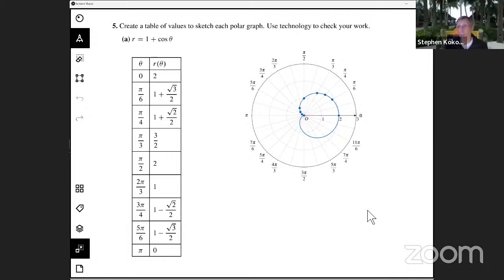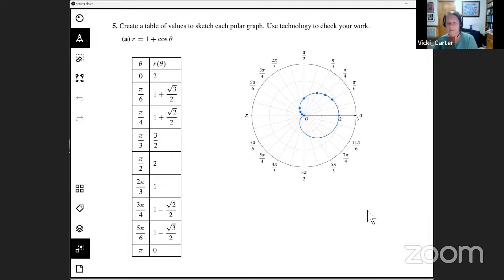Let me ask before I go through this, Vicki, are our AP pre-calculus students expected to know some of the common polar graphs? They do not have to know them by name, but they definitely need experience with what we as teachers traditionally call some of the classical curves that you get with polar coordinates. I definitely name drop in my classroom, but we're not going to say which of these is the graph of a cardioid, for instance.